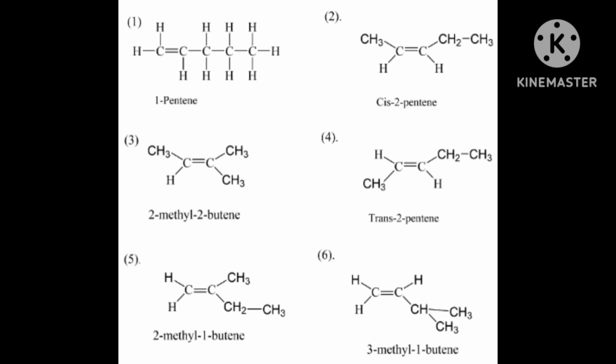In these structures, the first structure and the third structure, where one is a straight chain and the other is a branch, and the second and third, which is again a branch, are examples of chain isomerism. The first is the straight chain and the third is the branch, so first and third is an example of chain isomerism, and second and third is also an example of chain isomerism.